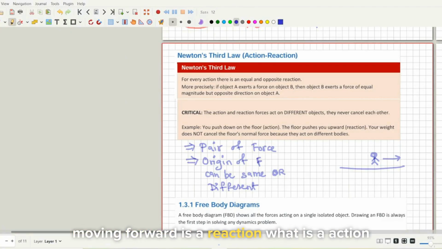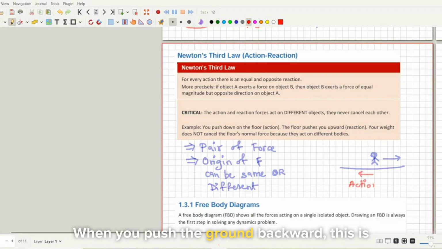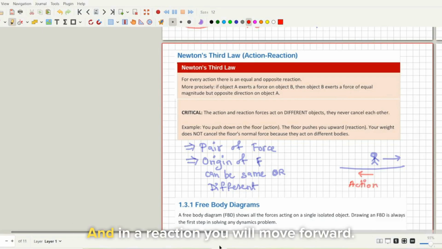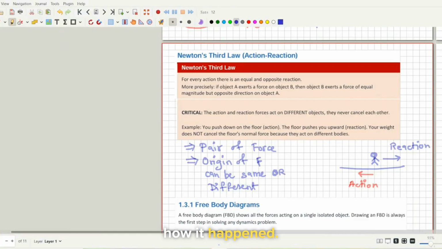Moving forward is a reaction. The action is when you push the ground backward. When you push the ground backward, this is the action, and in reaction you will move forward. So moving forward is actually the reaction.